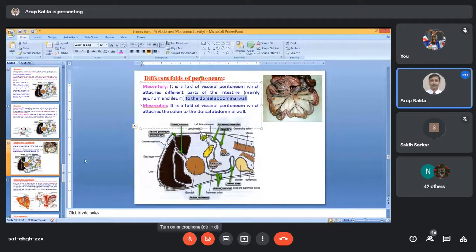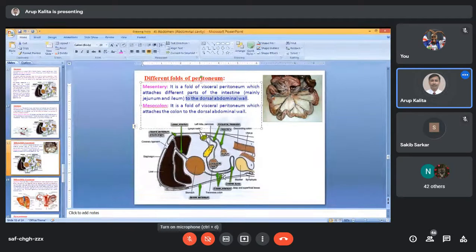Here you see, this is the jejunum. Jejunum is the part of intestine. Now, this is a mesentery. Mesentery connects the intestine, that is here jejunum, with the dorsal abdominal wall. Otherwise, if mesentery will not be there, intestine will fall down in the abdominal cavity.